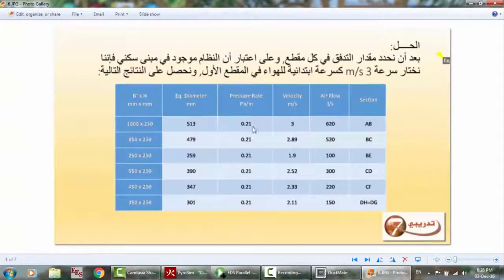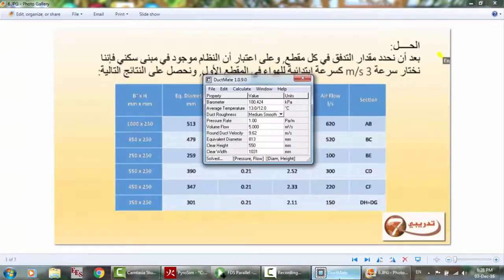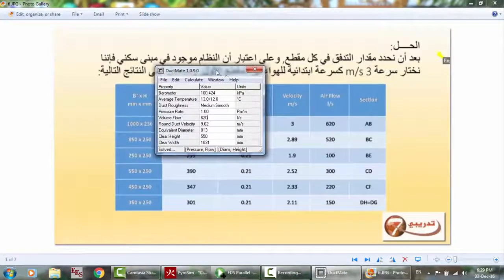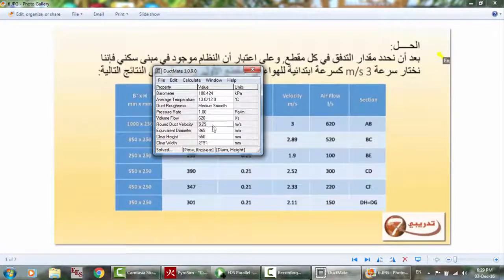Here is the airflow, 600 liter per second. So this, right click and use liter per second, and here is 620. Okay, and the velocity 3 meter per second, the air.